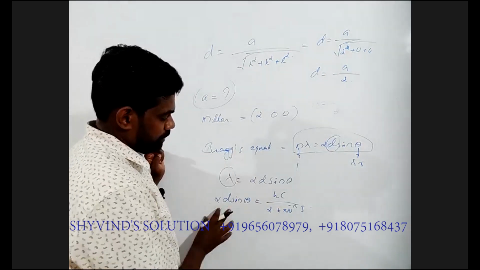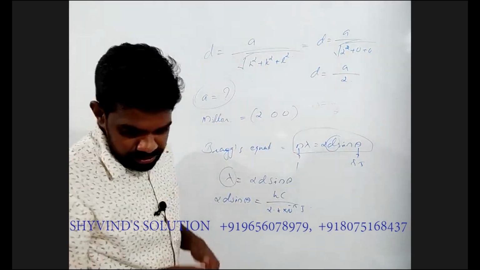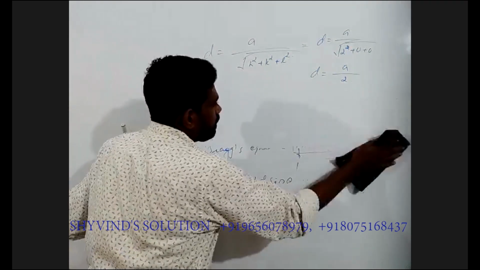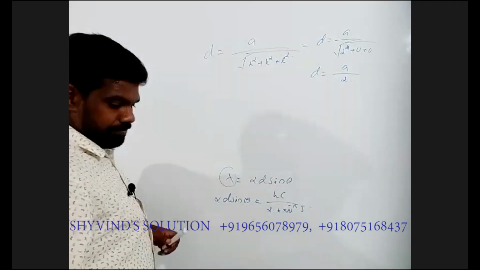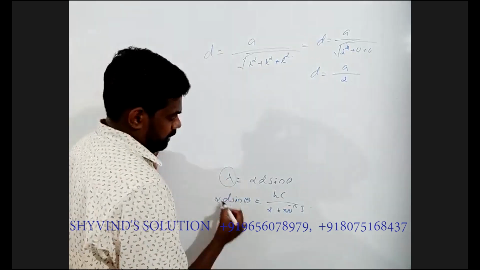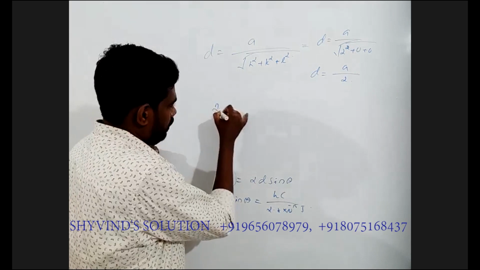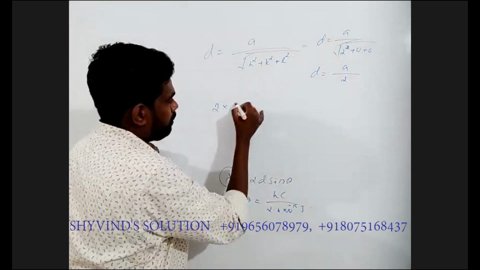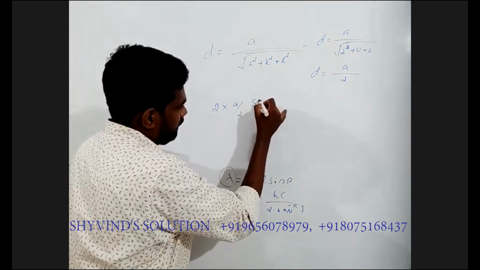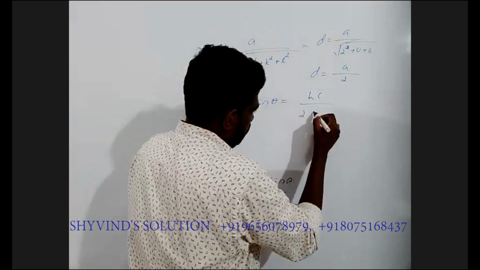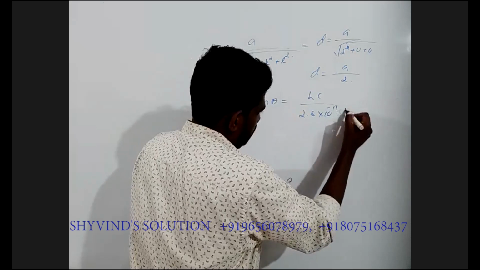So if you substitute the values here, you can write like this. If we substitute the value of D here, 2 into D equals A by 2. A by 2 sine theta equals hc by 2.8 into 10 raised to minus 15 joules.